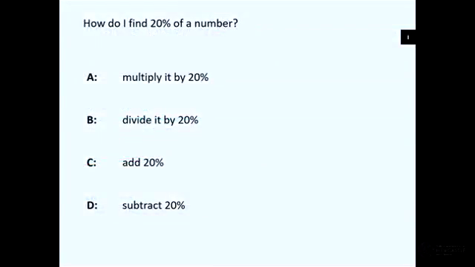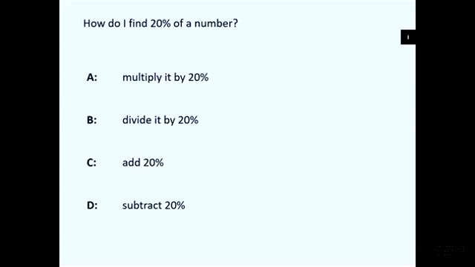Here are a few questions I've just chucked into this lecture, on all that I'm talking about. How do I find 20% of a number? Your calculator will have a percent button in it, so I don't care what you call that. But do you times it by 20%, divide it by 20%, add or subtract 20%? It's a bit early for questions, but... Yep, times it.